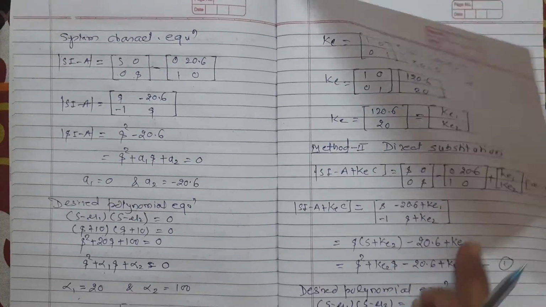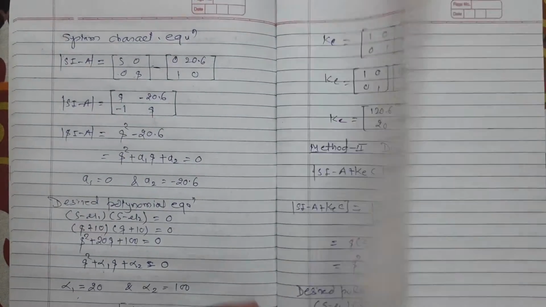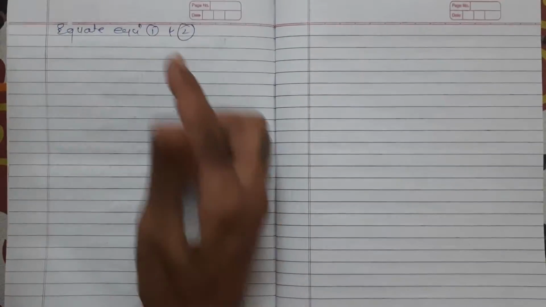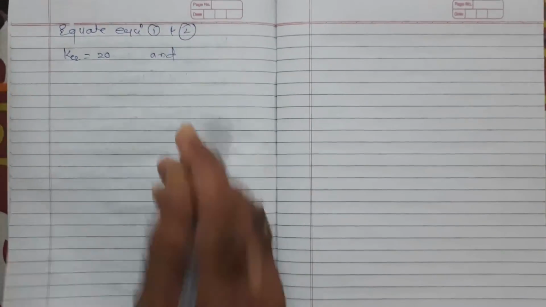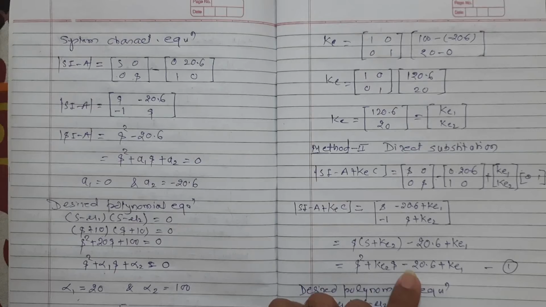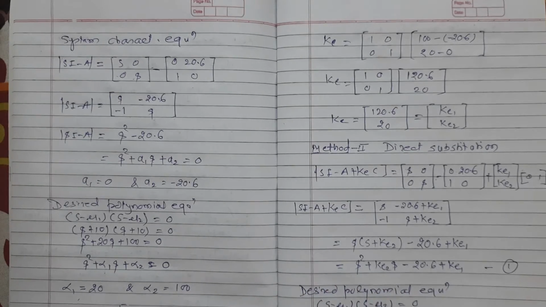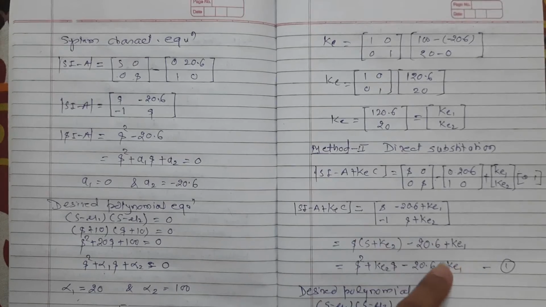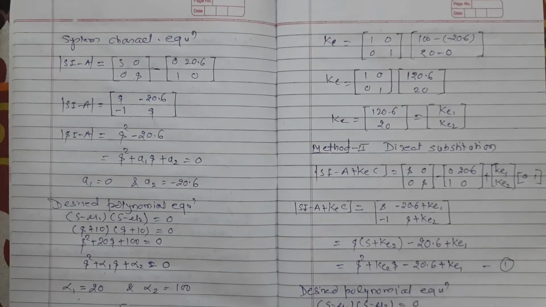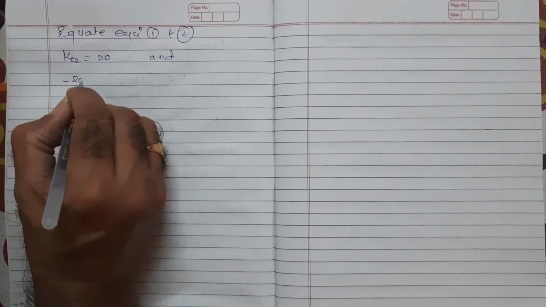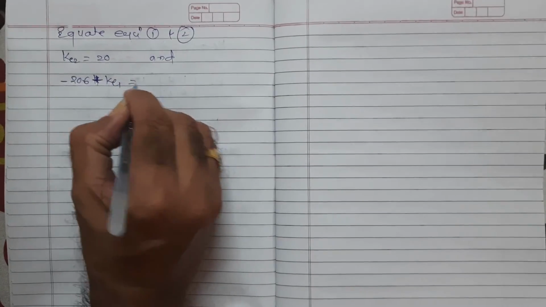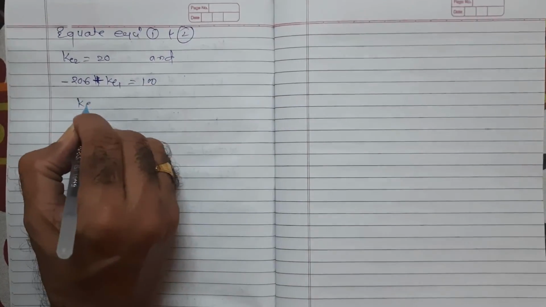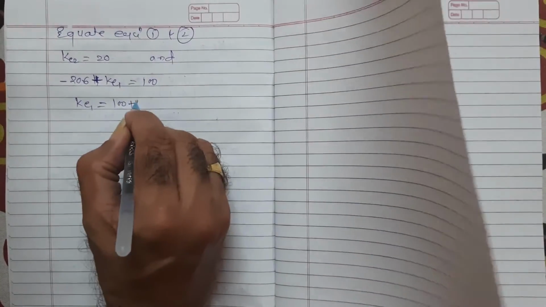Yes, it is coming 20. And minus 20.6 plus Ke1 equals 100, since the complete constant is there. So minus 20.6 plus Ke1 equals 100. So Ke1 equals 100 plus 20.6, which equals 120.6.